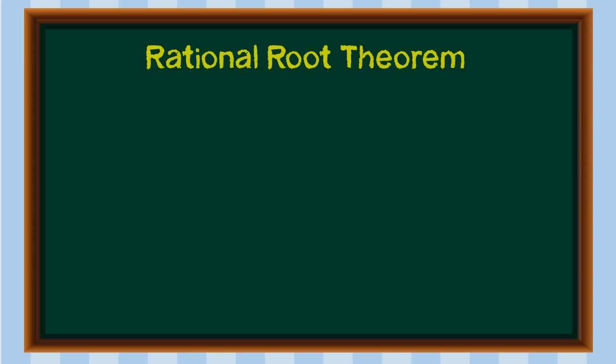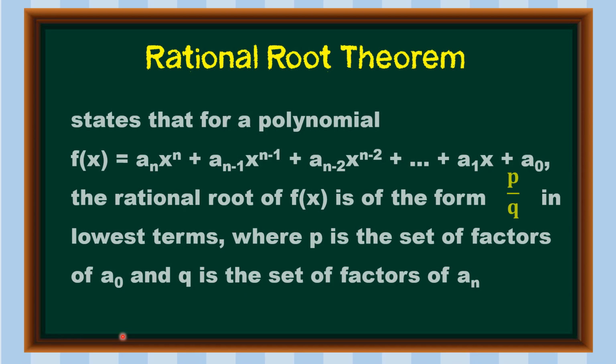This is what we mean by rational root theorem. It states that for a polynomial f of x is equal to a sub n, x raised to n, plus a sub n minus 1 times x raised to n minus 1, plus a sub n minus 2 times x raised to n minus 2, and so on, until we have a sub 1 x plus a sub 0, which is our constant.